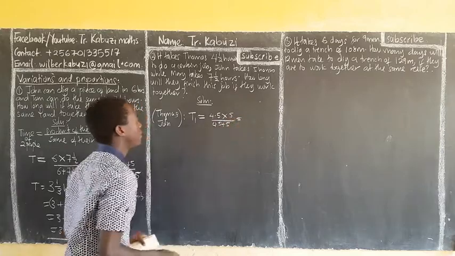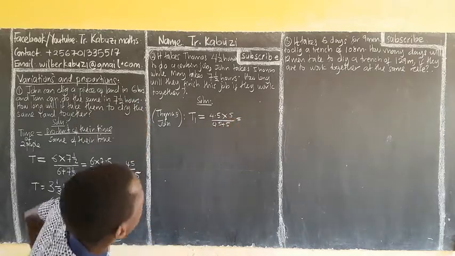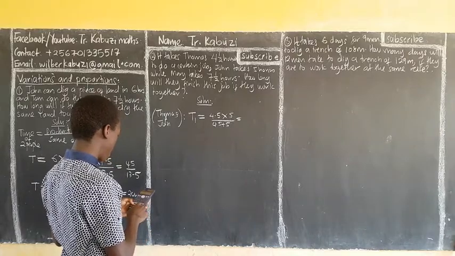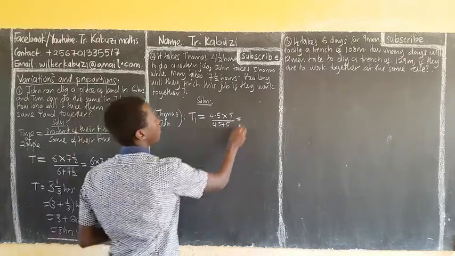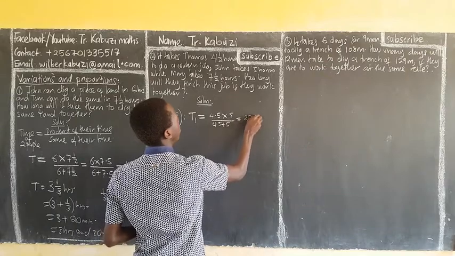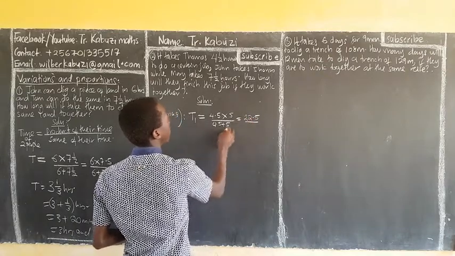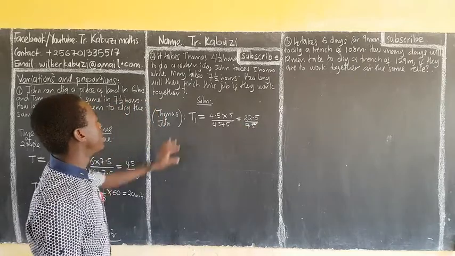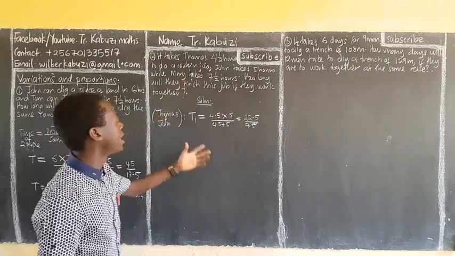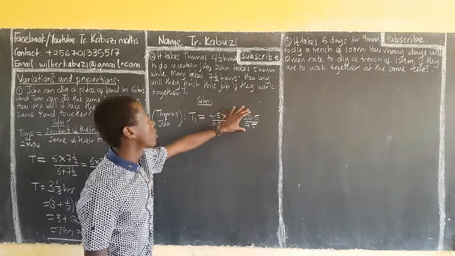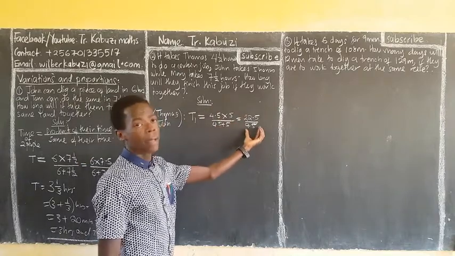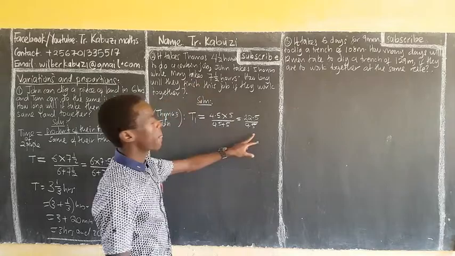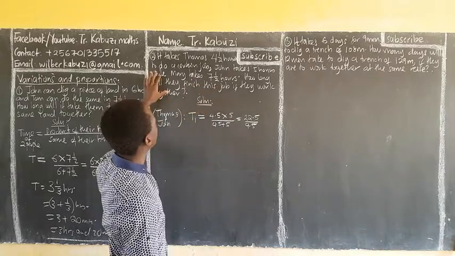When I multiply there, I have 4.5 times 5, I have 22.5, the whole over, when I add here, I have 9.5. So now, the time for these two is this. Now I'm going to consider this as one person. So now I consider T1, and then for this, Mary.